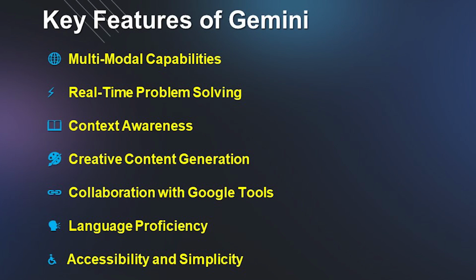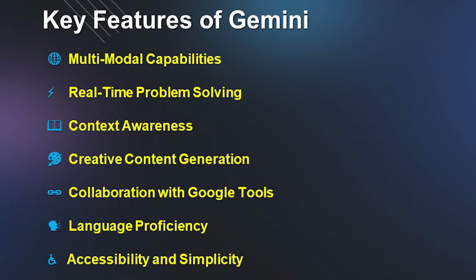Fourth one is creative content generation. It can draft professional emails, create engaging stories, or even generate catchy marketing taglines. Fifth one is collaboration with Google tools. Gemini integrates effortlessly with Google Workspace tools like Docs, Sheets, and Slides, boosting productivity.